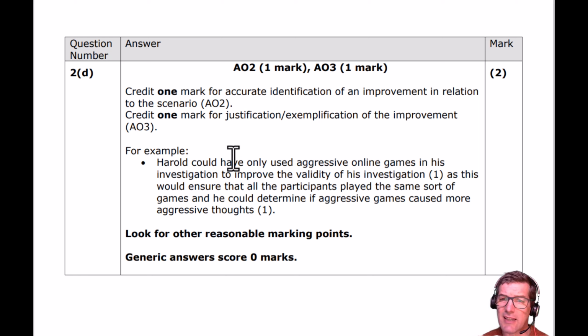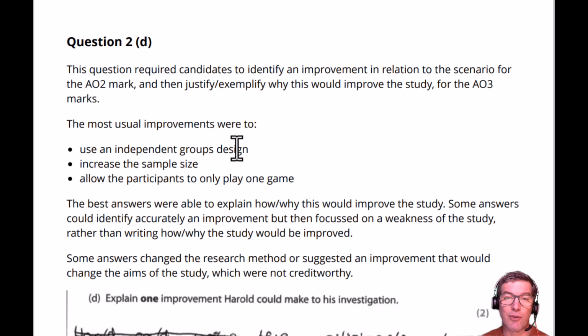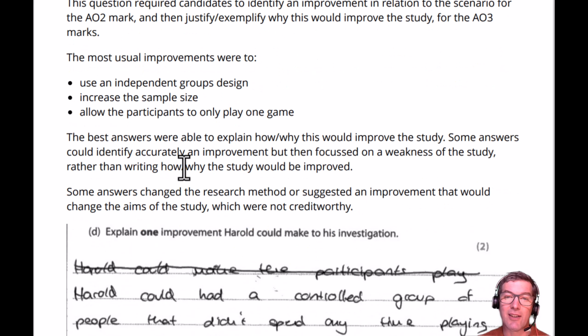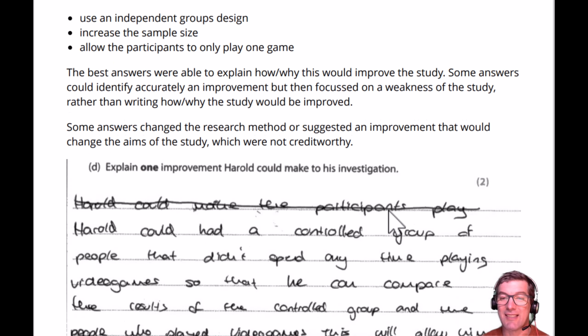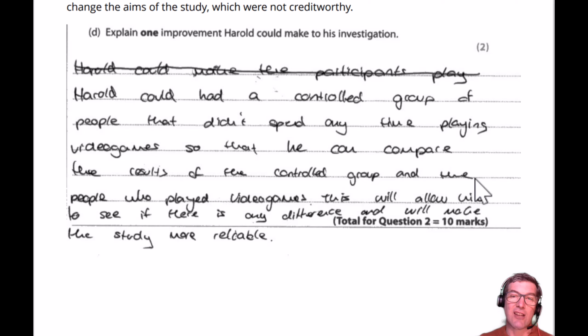One other thing that's important to point out, I'll come back to the examiner report for this, is that some answers changed the research method or suggested an improvement that would change the aims of the study, which were not credit-worthy. Why? Because that would actually be a different study. And the question is, how would you improve this study? So it can't actually change it completely.